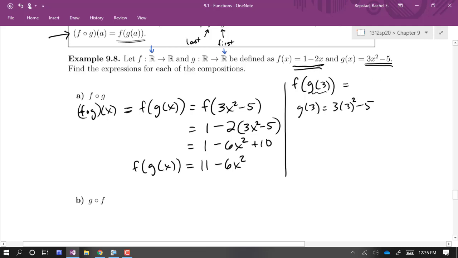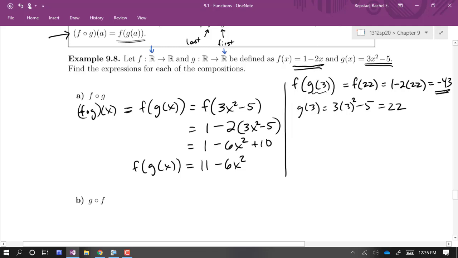So that is 27 minus 5, which is 22. So f of g of 3 is f of 22. And if I plug in 22, I get 1 minus 44, which is negative 43.